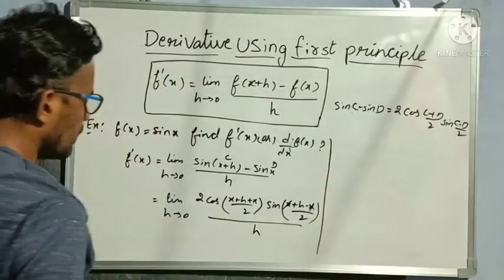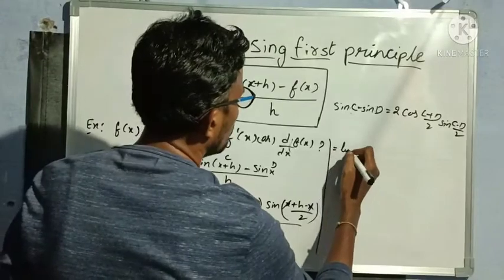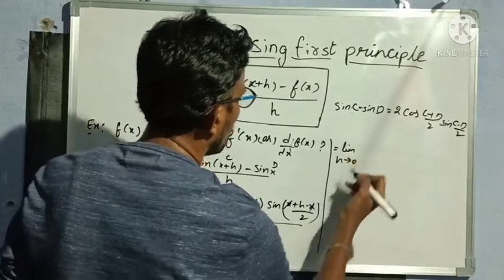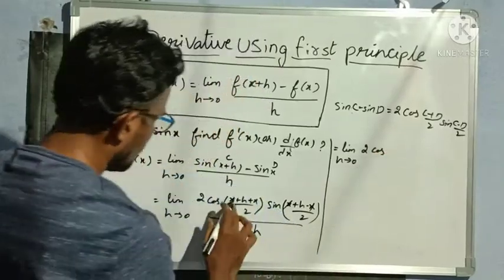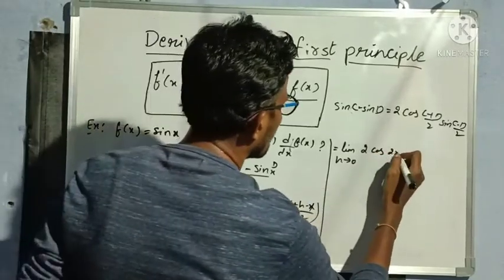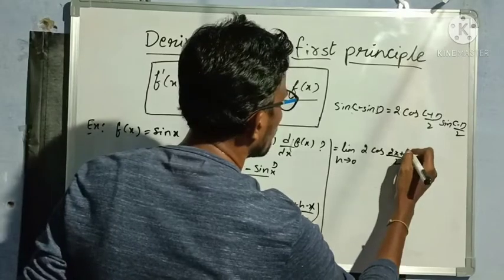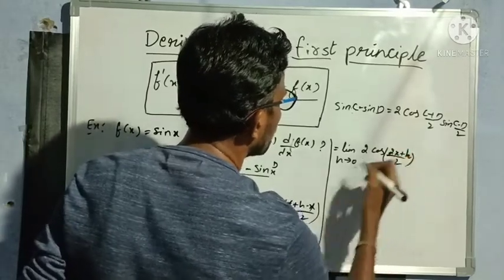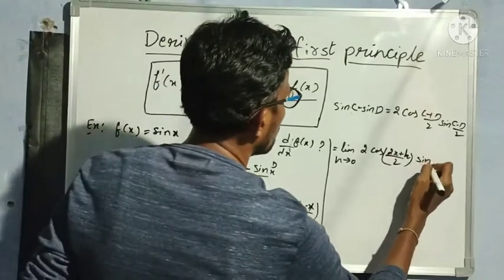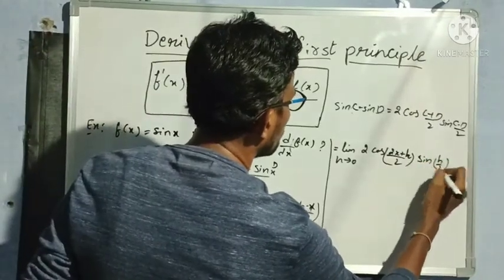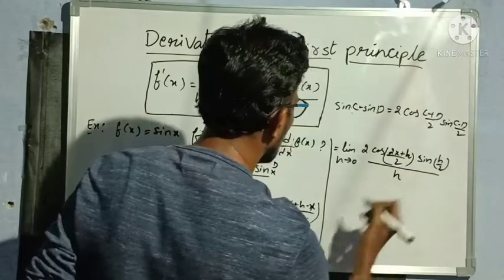So I will continue here. So that is equal to limit h tends to 0, 2 cos of x plus x, 2x plus h by 2. Can I write like this? Okay. So into sin of h by 2 whole divided by h.